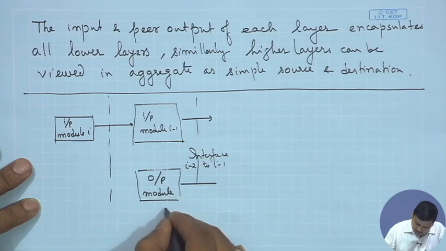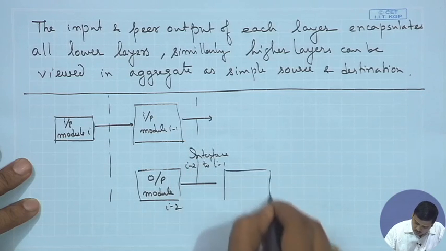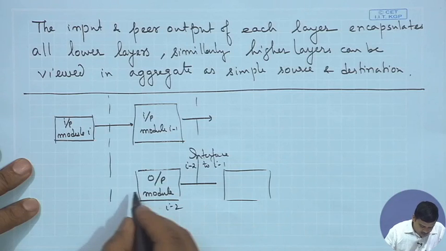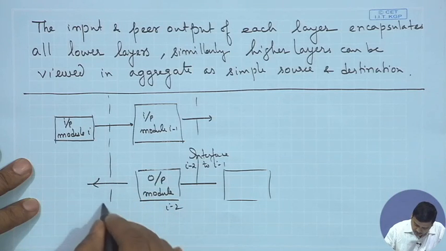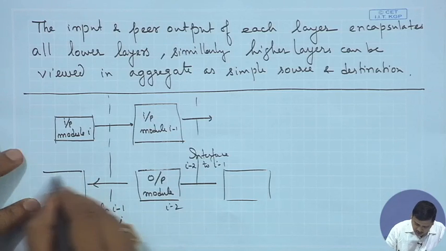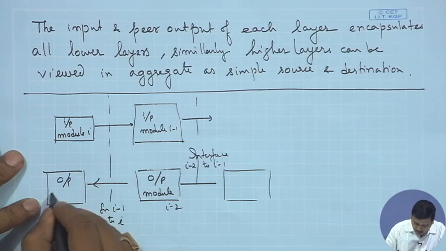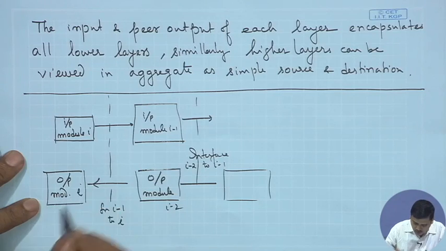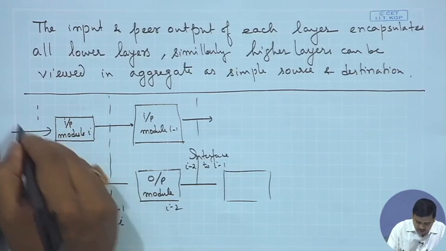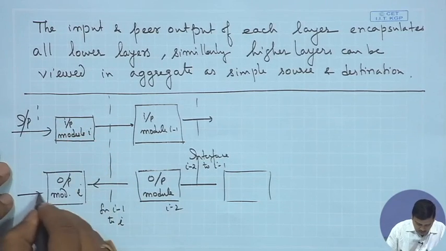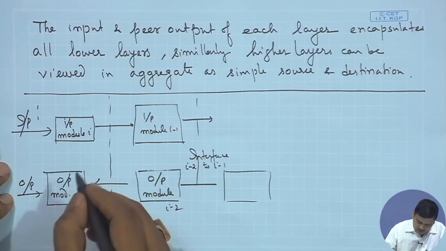Look at this. This is the I minus 2, this is the I minus 1, and this is from I minus 1 to I, because this is I. Output module I, and this is of course the input, this is of course the output.